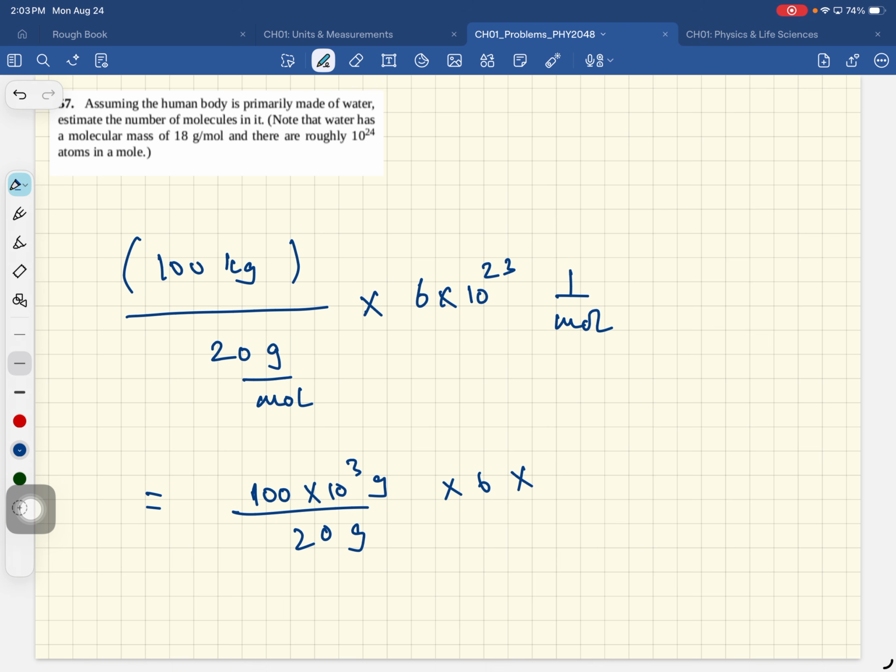The radius of the sun is 0.78 million kilometers, about 800,000 kilometers. Okay. All right.